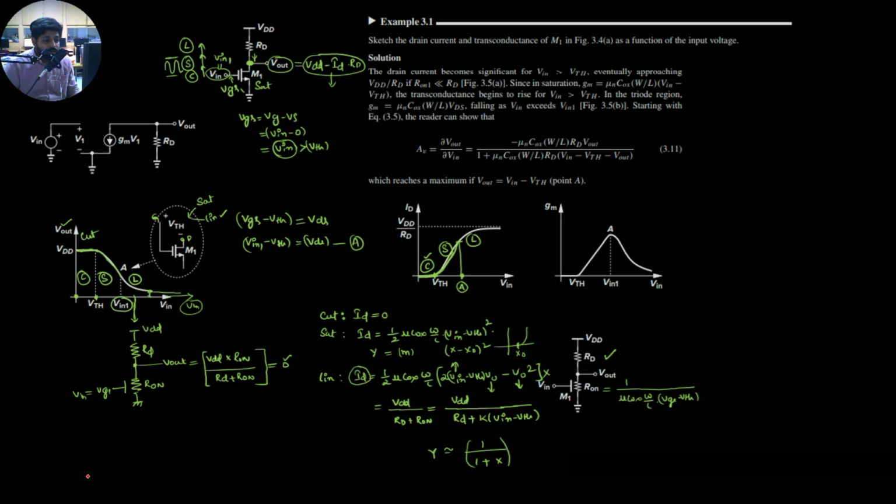Sorry, here I forgot to write the curve equation properly. It is VDD by RD plus Rn, where Rn is nothing but this one. So I forgot to keep it as 1 by this one, which means it will be 1 by x.